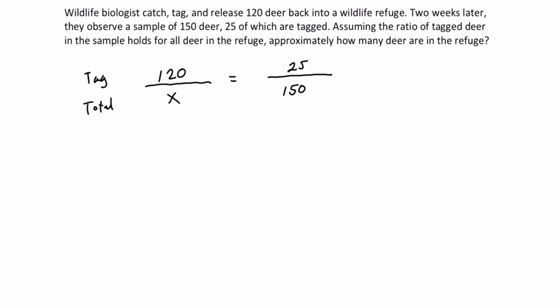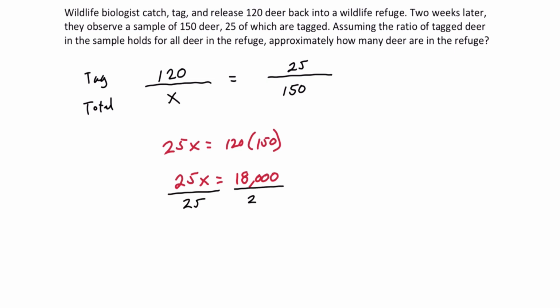Now solving, we will cross multiply. 25x equals 120 times 150. 25x is equal to 18,000. Divide both sides by 25. And we get that x is 720 deer. So that's the total amount of deer originally.